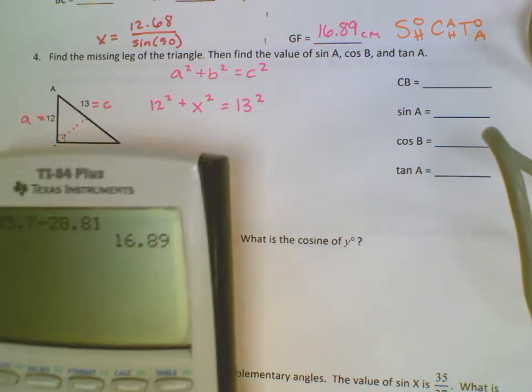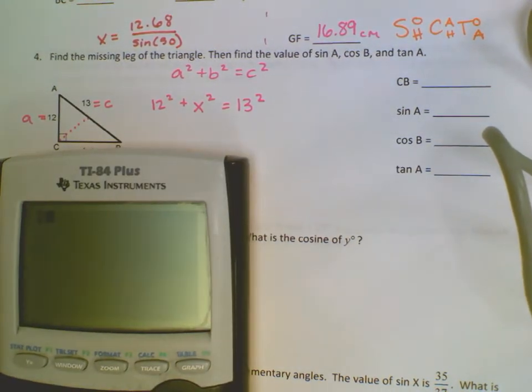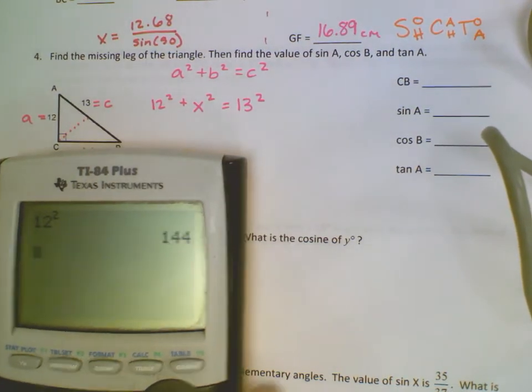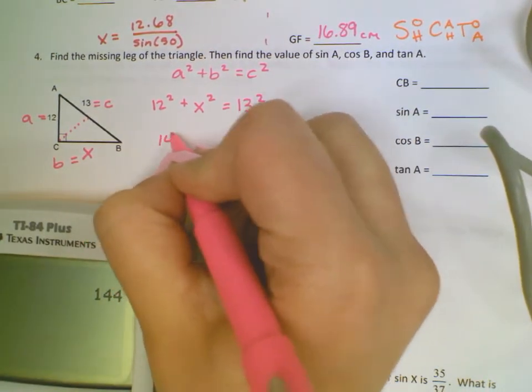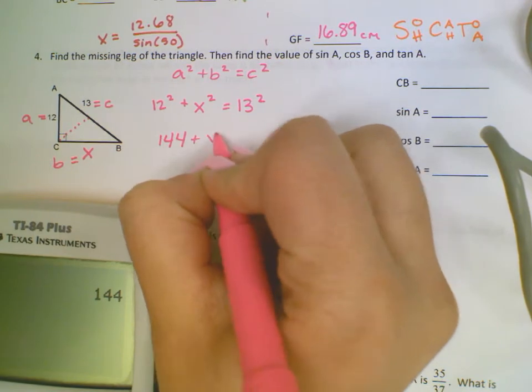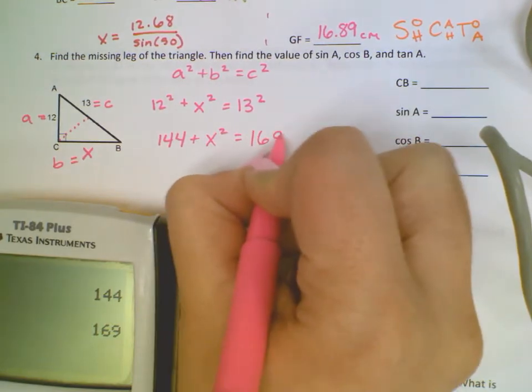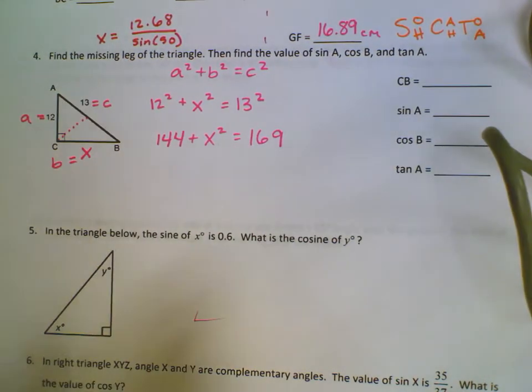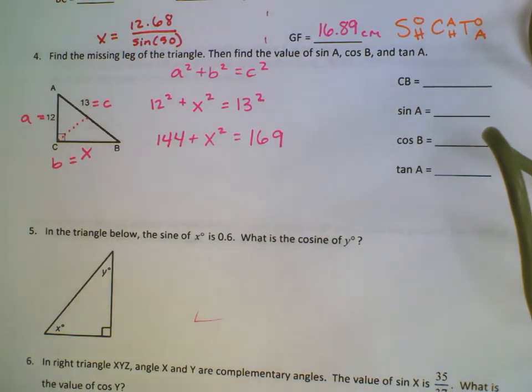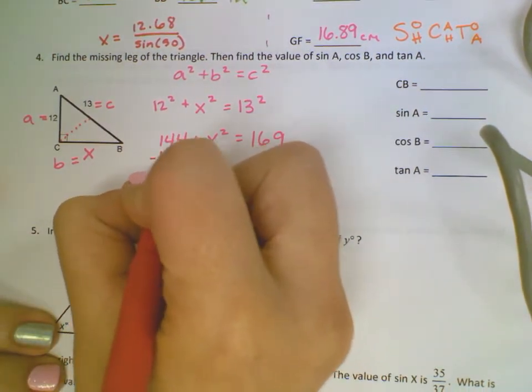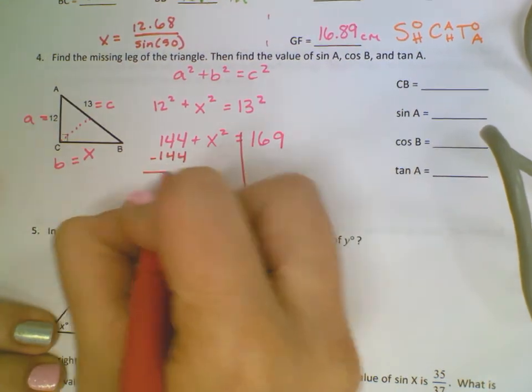So now I'll use my calculator and I'll say 12 squared is 144 plus x squared equals 13 squared, which is 169. Now, in order to solve for x, I'm going to need to get x by itself. So I'm going to subtract 144 from both sides of my equal sign.